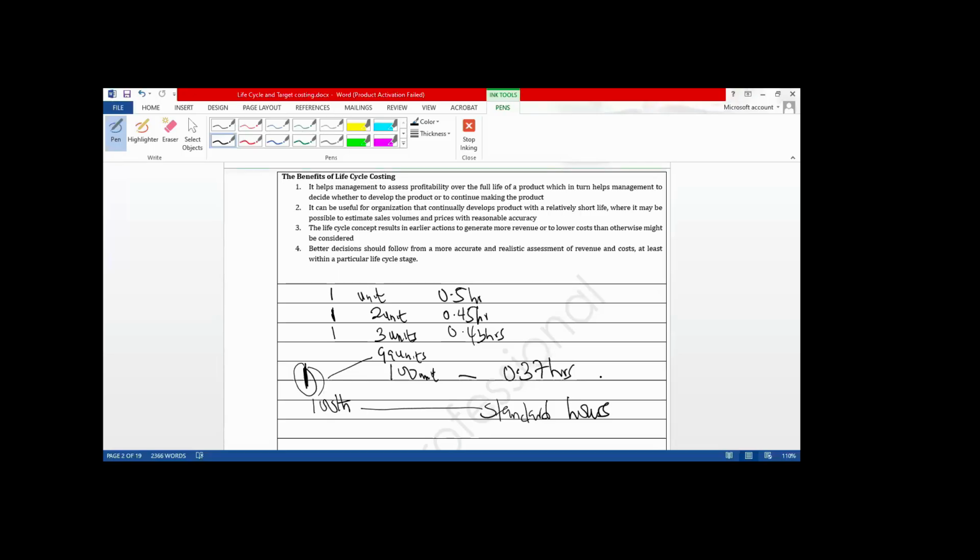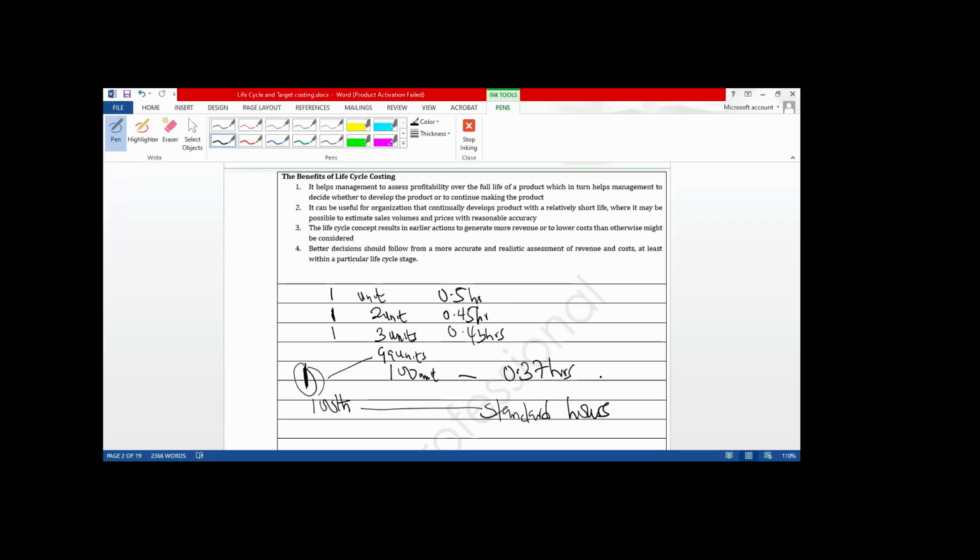So I was thinking the first 99 will use the cumulative labor hour, which is 0.42 in this case. Then from 100 for the second year, which they produced 100,000 units, from that 100 units till the 100,000 units, we'll now use 0.37 to calculate the labor rate.